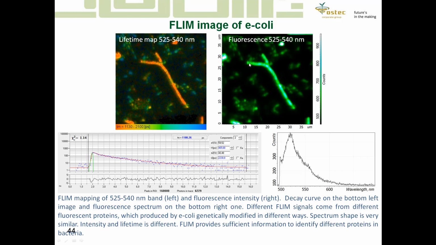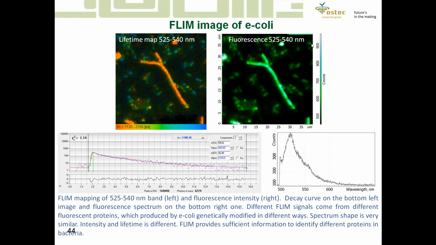So the photoluminescence and fluorescence signal is quite uniform in this sample. It is a mixture of two types of genetically modified Escherichia coli bacteria.